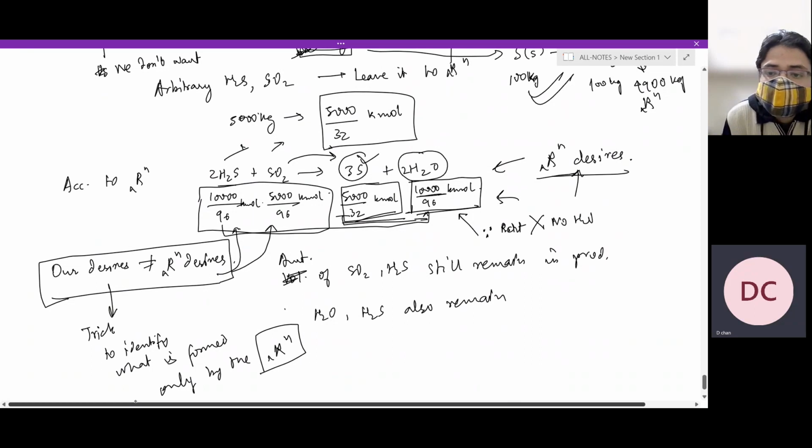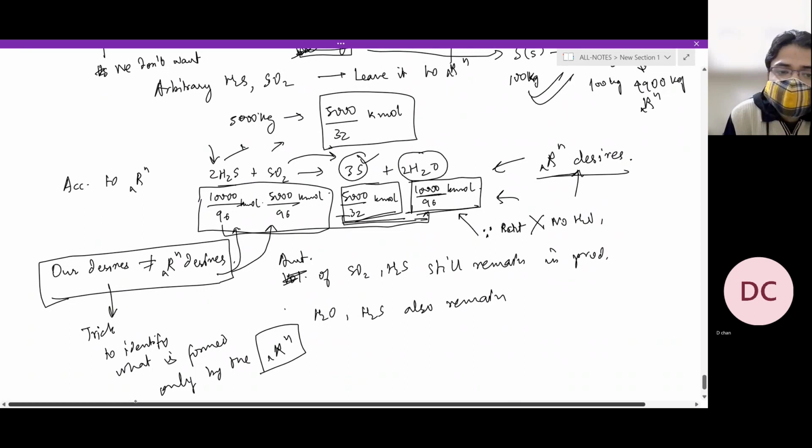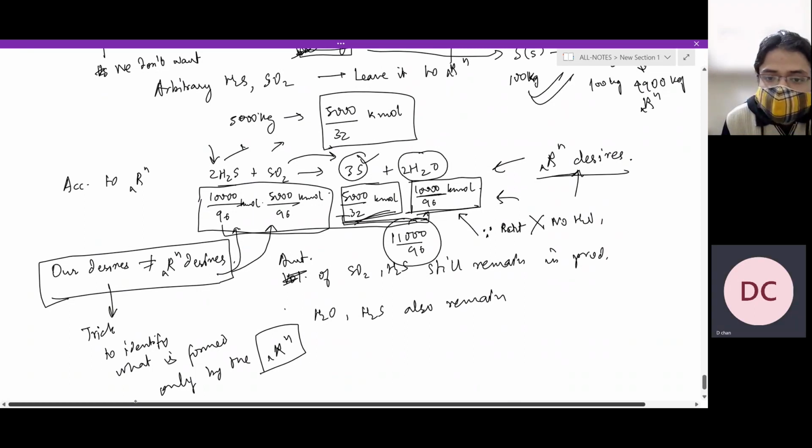If you had supplied some water vapor, or your gas chamber might have been moist, then there would be an excess of water vapor. Maybe the total would be 11,000 over 96. Then you cannot say all of this is coming from the reaction, right?